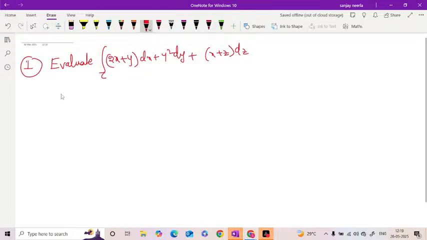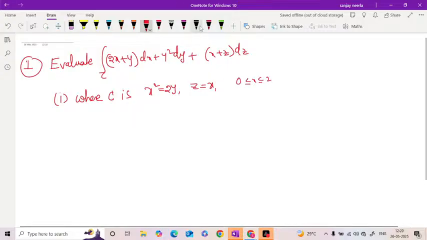And here we will solve two problems. The first sub-question is where C is x square is equal to y and z is equal to x, and x values are in between 0 to 1.